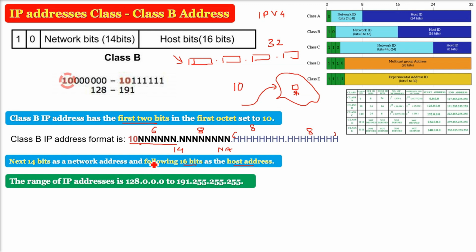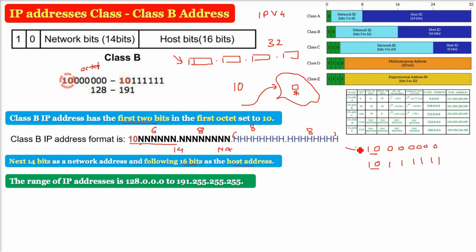So what is the range of IP address? When you fix 10 in the 8-bit address, this is the first octet, the leftmost octet. So 10 is fixed. What can be minimum? 00 000000. This can be minimum. What can be maximum? All 10 you cannot change, so 10 111111.